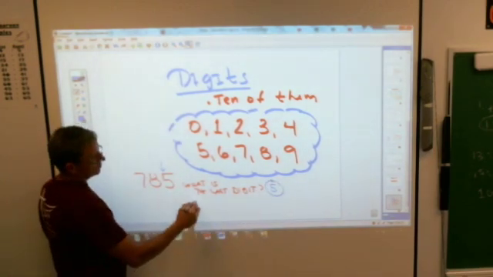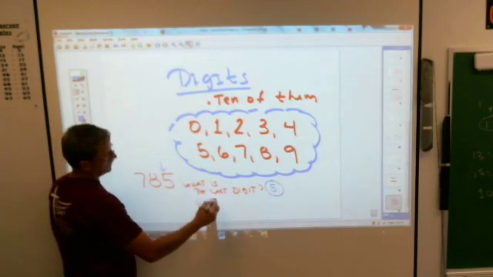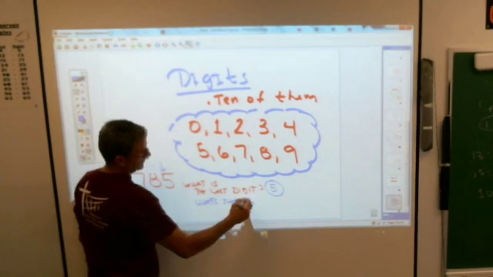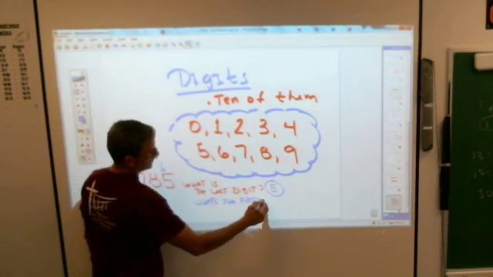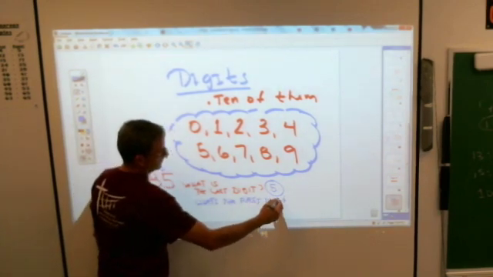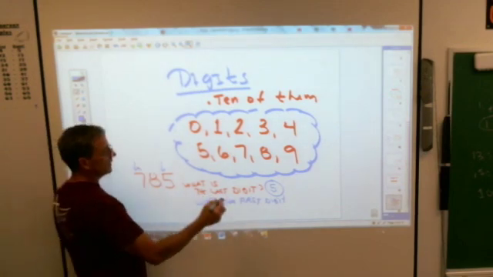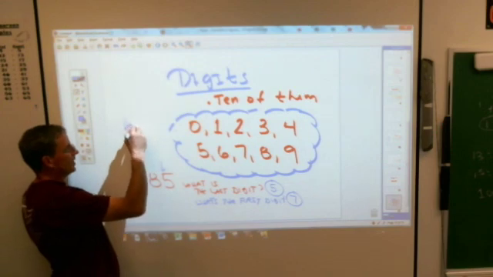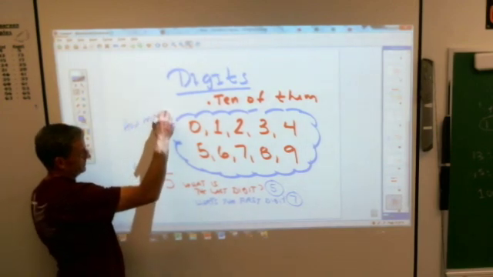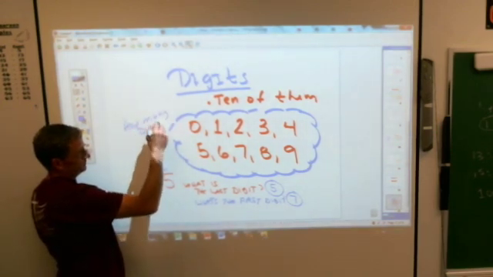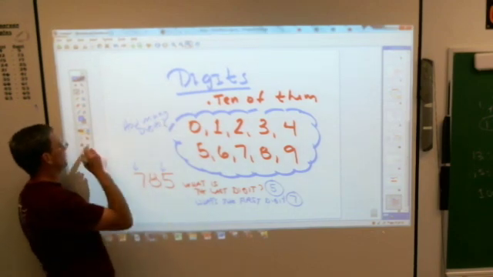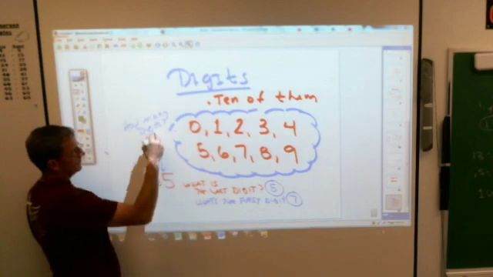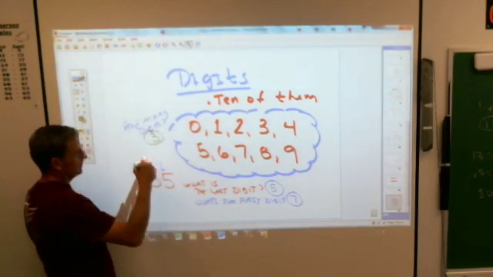Or they might ask you, what's the first digit? The first digit would be the 7. Or they might ask you, how many digits? If you count them up, that number there is 3 digits. 1, 2, 3.